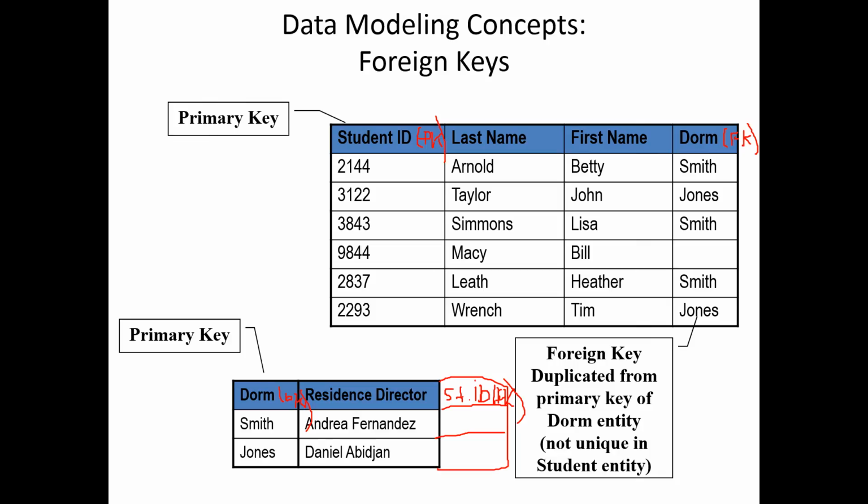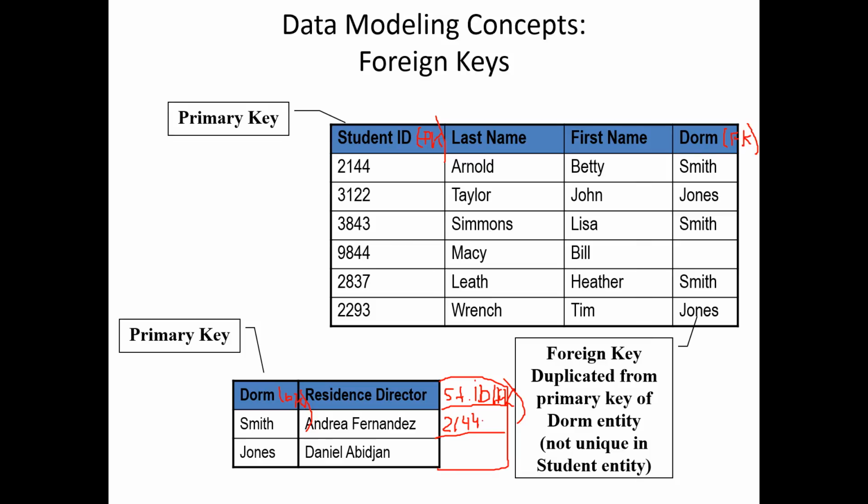So, for example, let's say somebody named Betty Arnold with the student ID 2144 moves into the Smith dorm. So what we will do, we'll add 2144 to indicate that Betty Arnold lives in this particular dorm. Okay, but as you well know, each dorm is populated by many students. So let's say another student, Lisa, moves to this dorm as well.